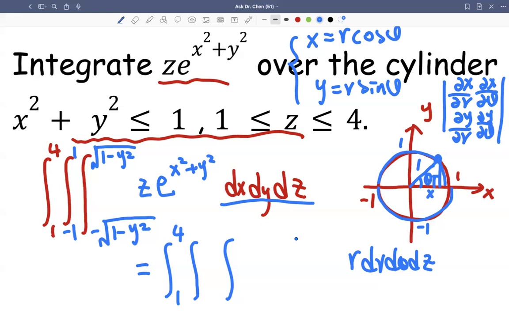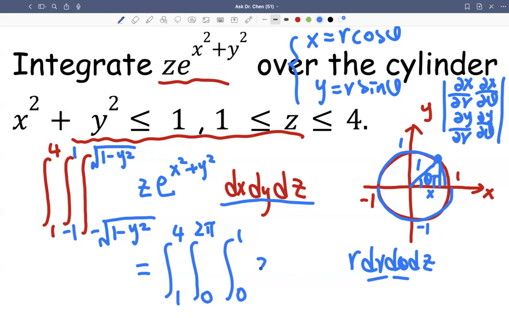And the Jacobian is r, so dx dy dz equals r dr d theta dz. Now the unit circle, theta goes from 0 to 2 pi, and r goes from 0 to 1.